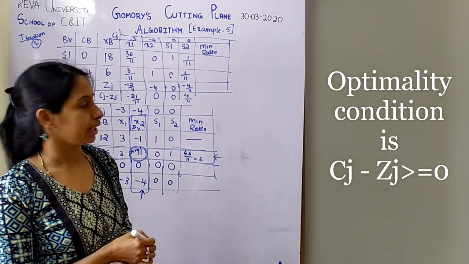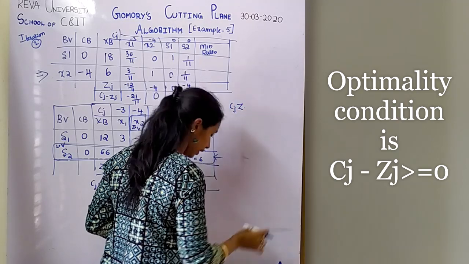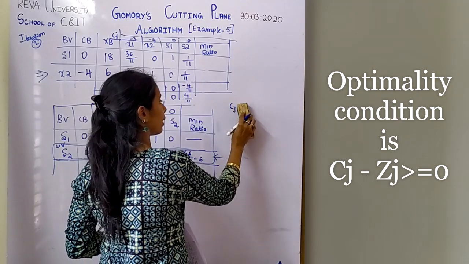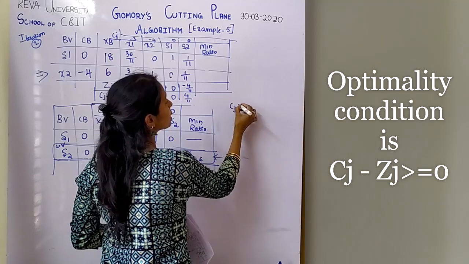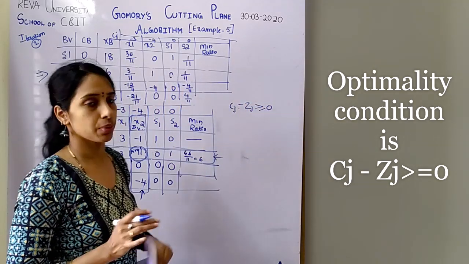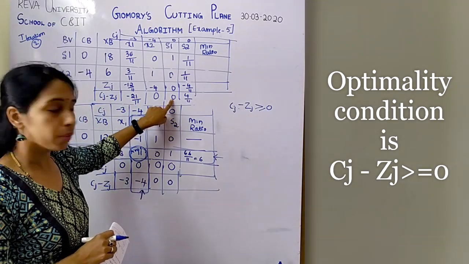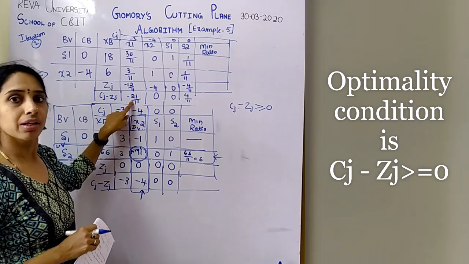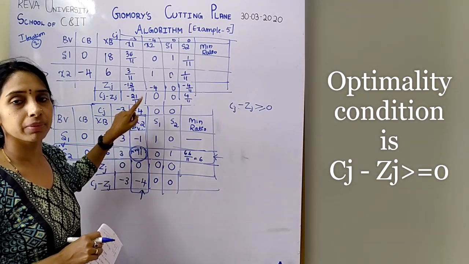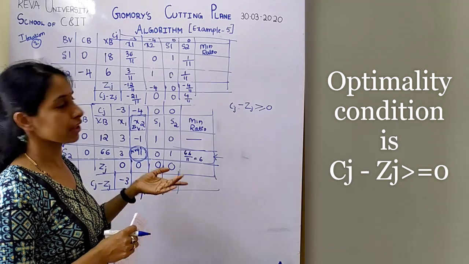What is our next task? Again, whether we have reached our optimality condition. What does the optimality condition say? Cj minus Zj should be greater than or equal to 0. Is our Cj minus Zj greater than or equal to 0? No, we have a negative number here. If we have a negative number, it indicates we have to proceed to the next iteration.